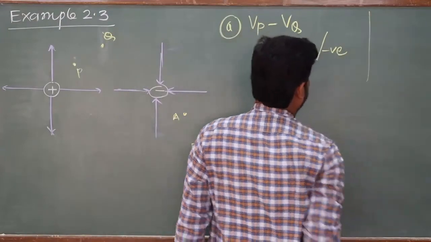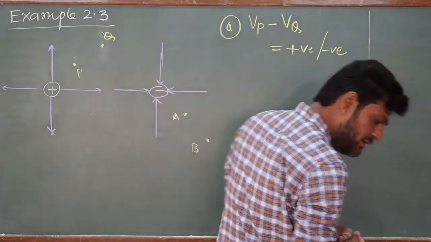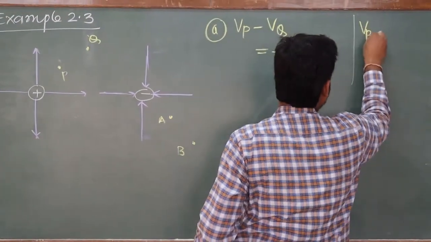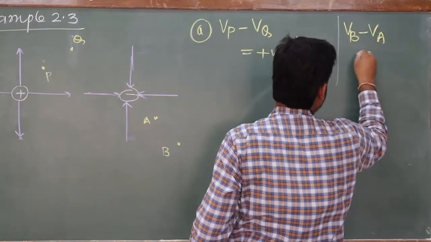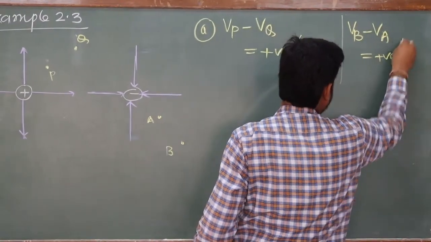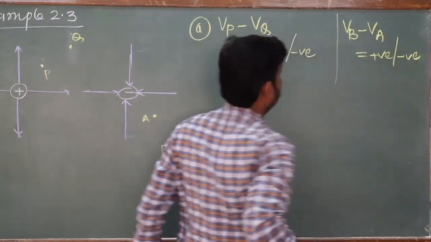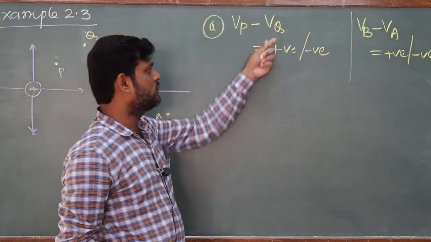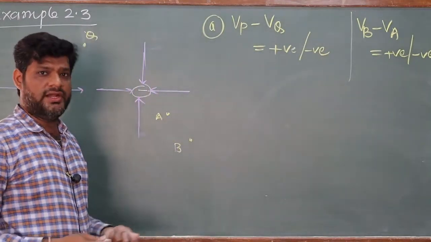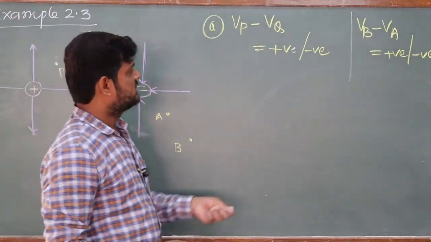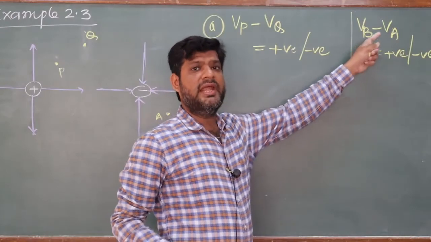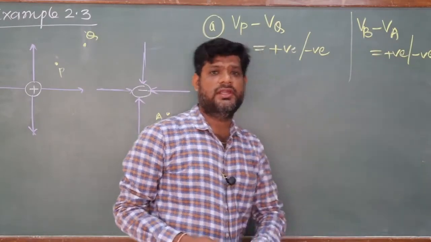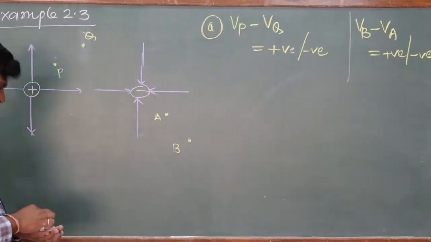And the second question, that is Vb minus Va, is positive or negative. The difference of potential between the P and Q is positive or negative. Find out. Similarly, the potential difference between B and A is positive or negative. Find out. This is the question.